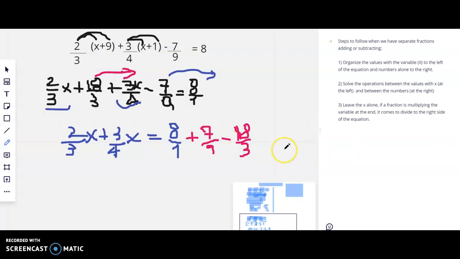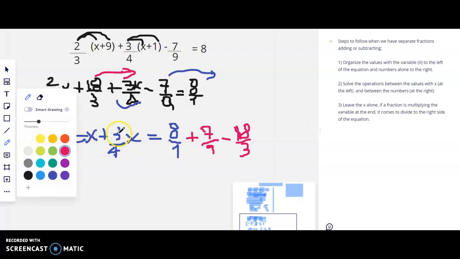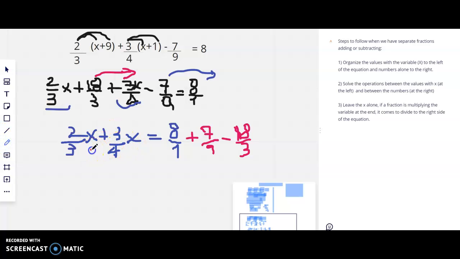In the next step, we have to solve this operation: 2 over 3 plus 3 over 4. We already know that we have to find the LCD between 3 and 4. That would be 12. Then we solve this addition like a normal addition between fractions.